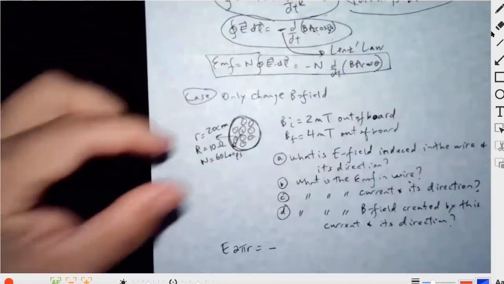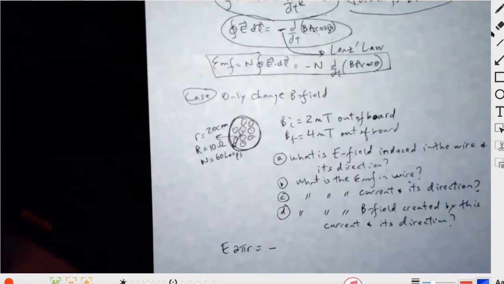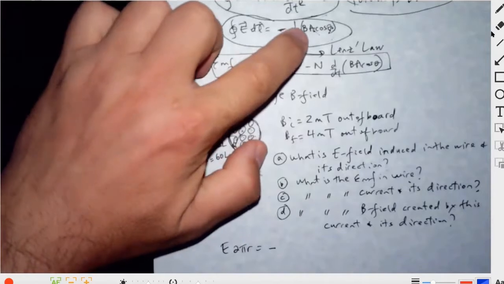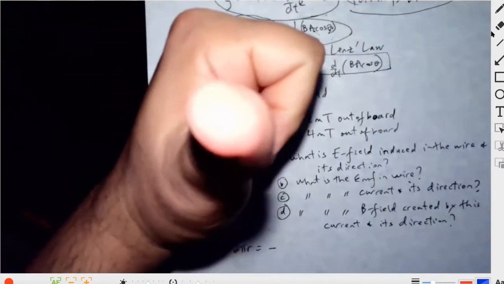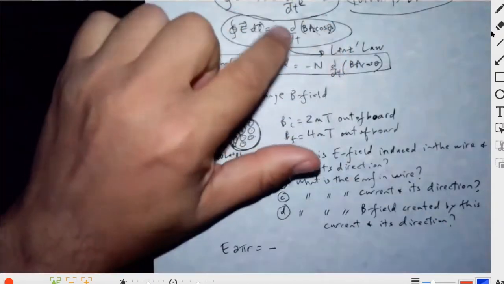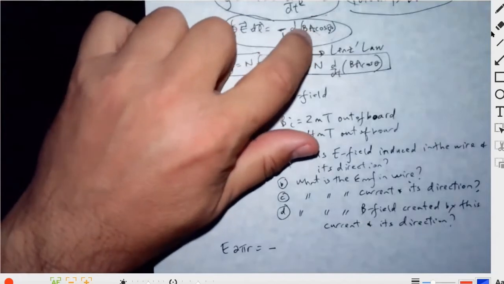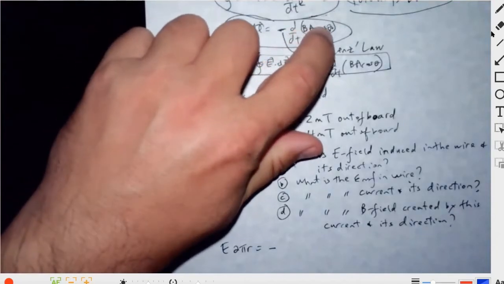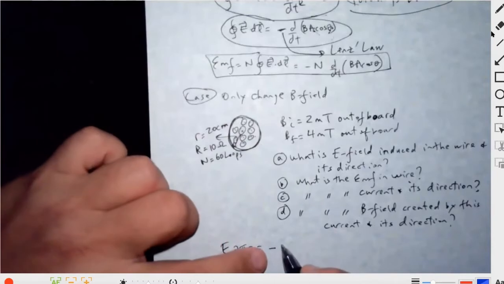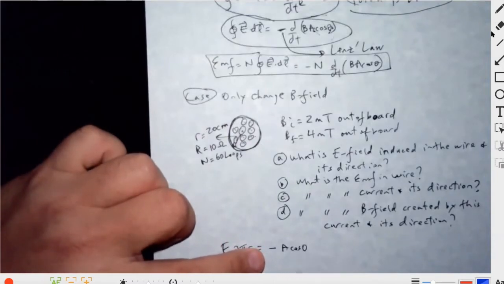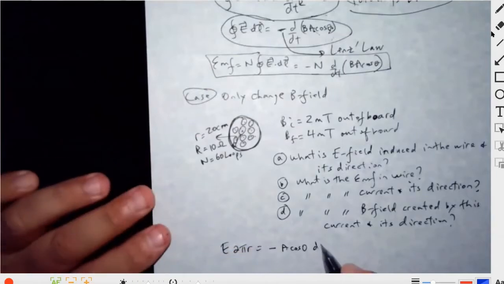Remember, two-dimensional objects don't really have a defined area vector, but we make the default area out of the board because that's usually positive. So the angle between B and A is just 0. So we just have negative A cosine 0, and then dB dt.